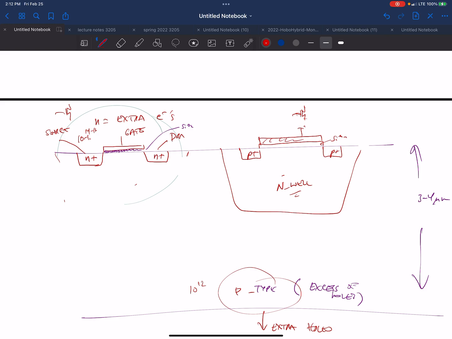You can grow silicon dioxide without a lot of voids or defects, which means you can make these really thin. Say we're simulating a 40 nanometer process, where 40 nanometers is how wide the transistor is.